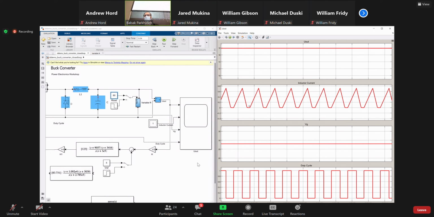Okay, so you see, when the switch is on, right, when you turn on the switch, it goes up. And when it's off, it follows decreasing because you have a negative slope, negative voltage across the inductor. It wants to go, but the diode blocks. Diode doesn't allow you to go, right?